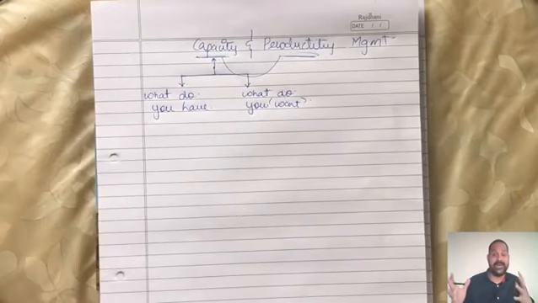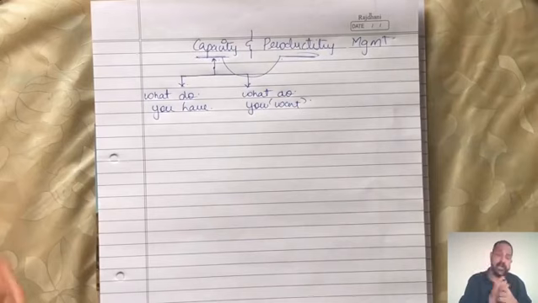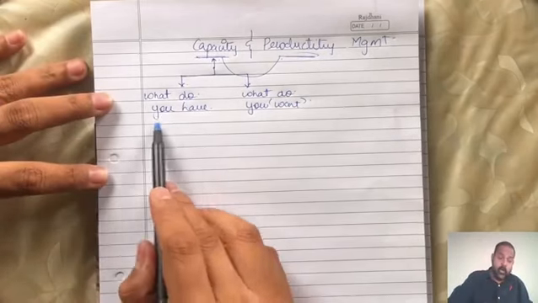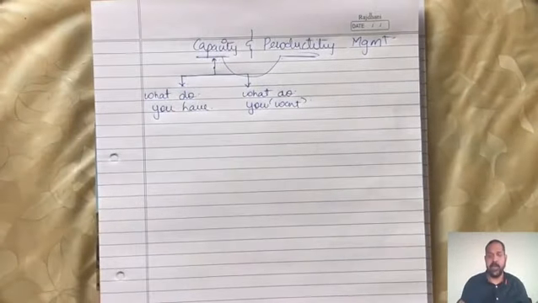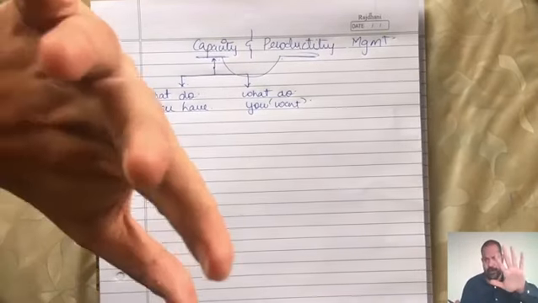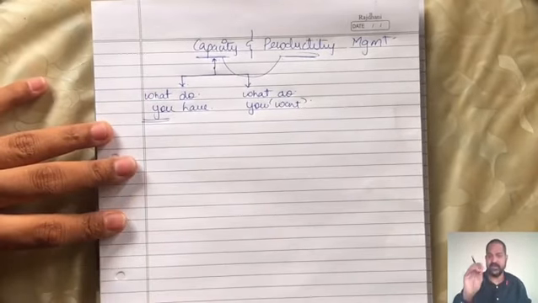So there are two points of view from which you can look at capacity. One point of view is, what do you have? Currently, what is your capacity? So remember when we spoke about the car example, if my car can hold 5 people, well, that is my capacity. What I have is a 5 people capacity.